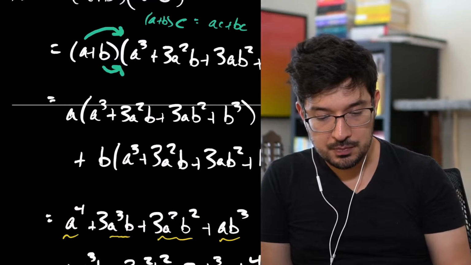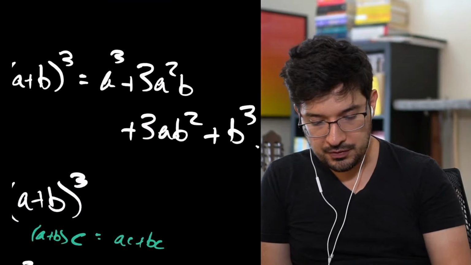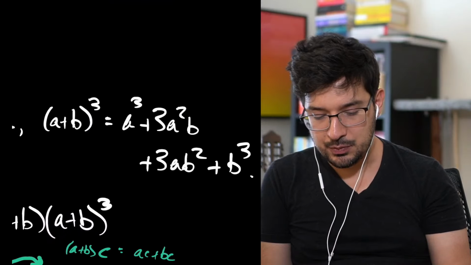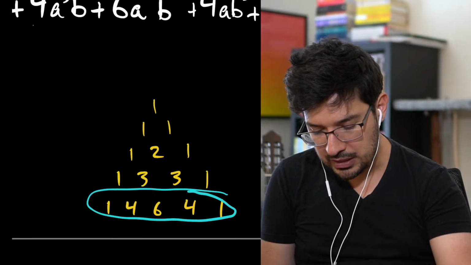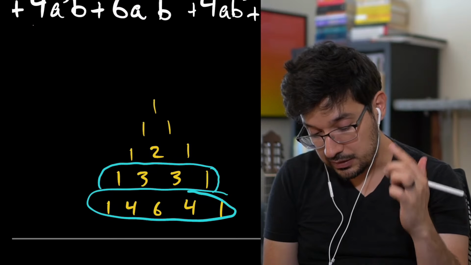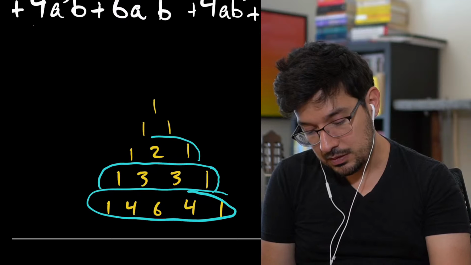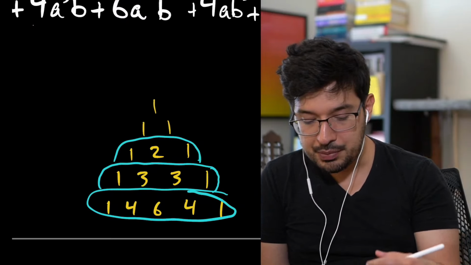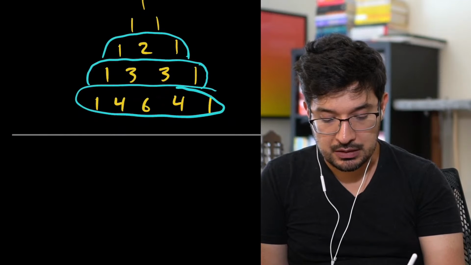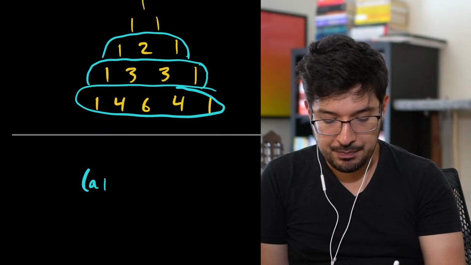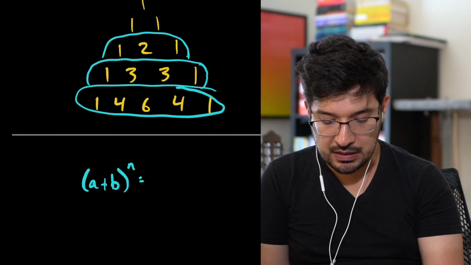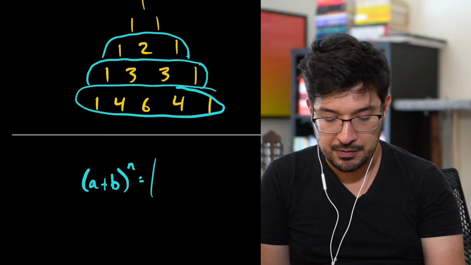For the cube of a sum, 1331 pops up right there in the fourth row of the triangle. A squared plus 2ab plus b squared pops up right there. In general, a plus b to the nth power takes coefficients from Pascal's triangle.